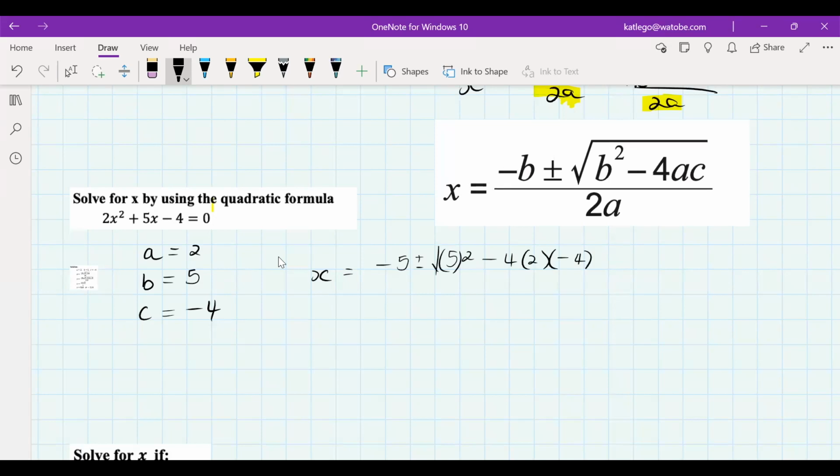There we go. And then at the bottom is all divided by 2 times 2. Thank you very much.